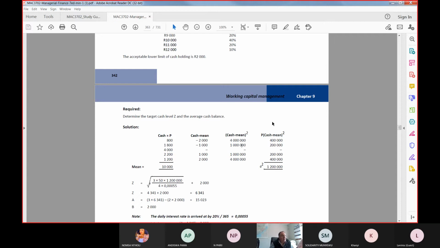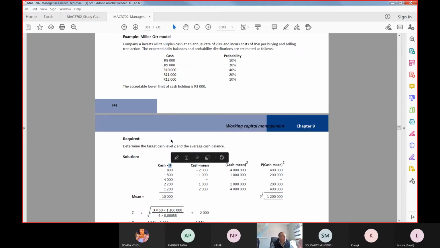We then work out the P, which is the probability times your cash need squared.